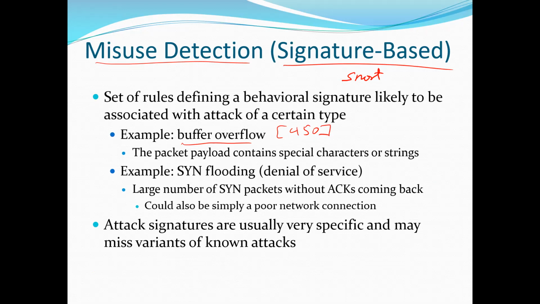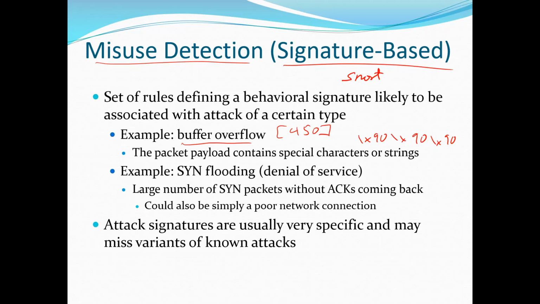The packet payload contains special characters or strings. One of the things, I talked about this, is the NOP sled. So you have a NOP sled, and that could be something to look at to flag something, but maybe with other information.